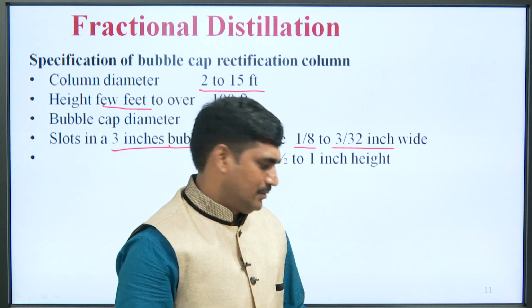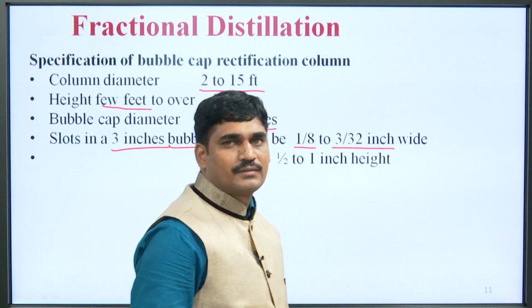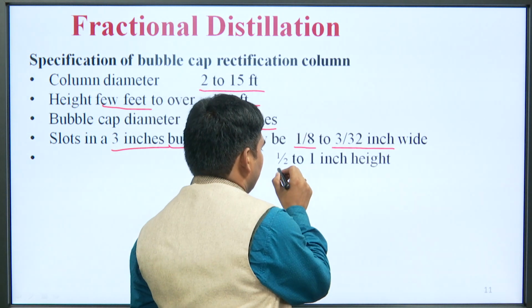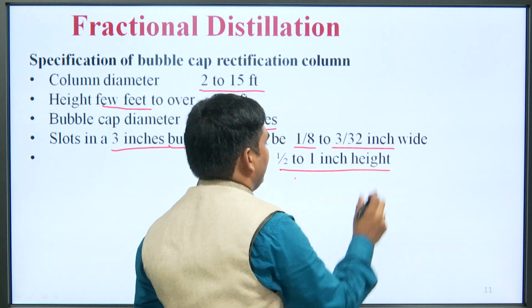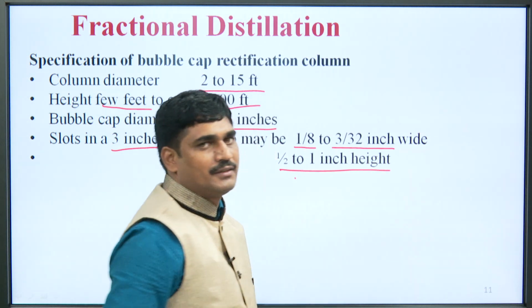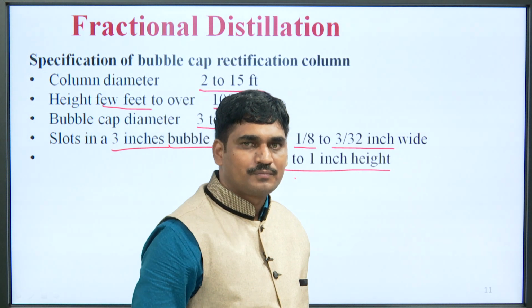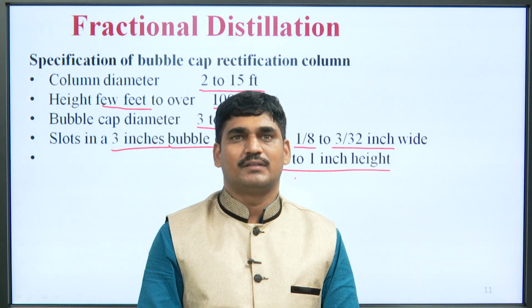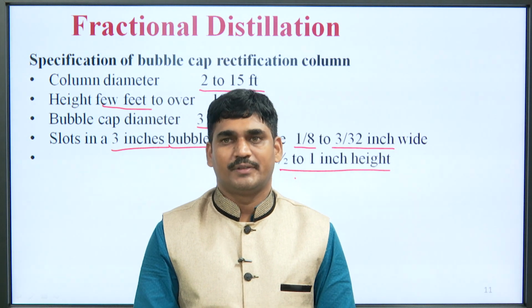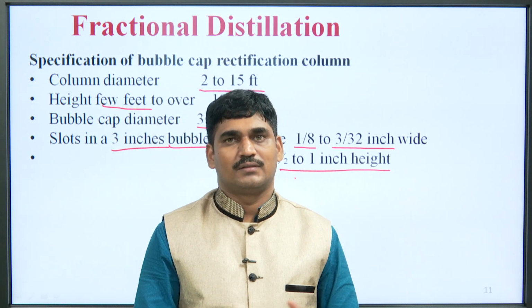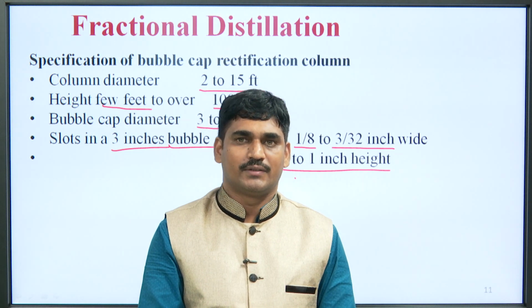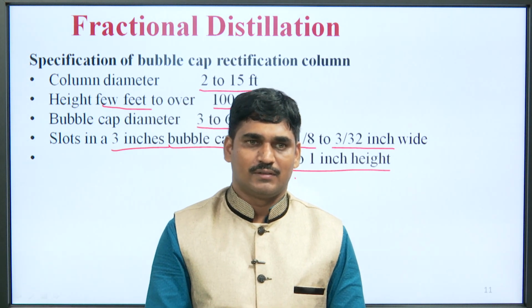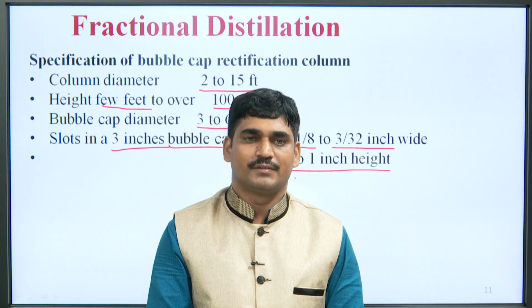This much is the slot width, and the height of the slot is half to 1 inch. So this is the brief specification of the different bubble cap rectification columns which are used in the fractional distillation apparatus.